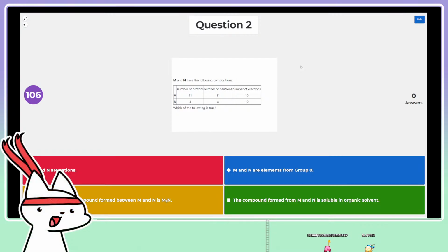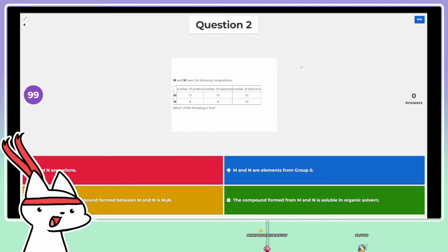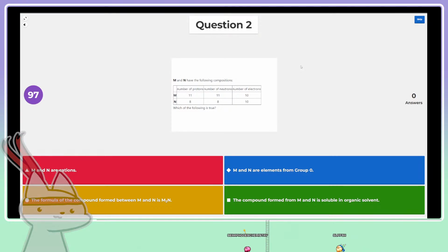M and N have the following compositions. Which of the following is true? Metal, non-metal.